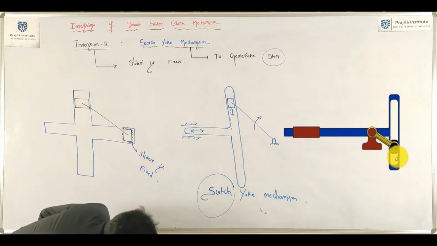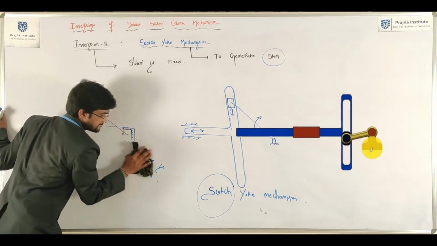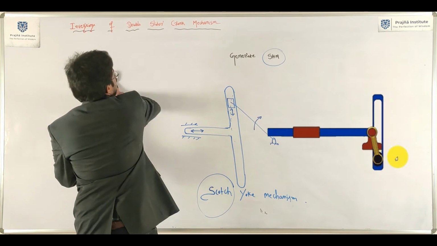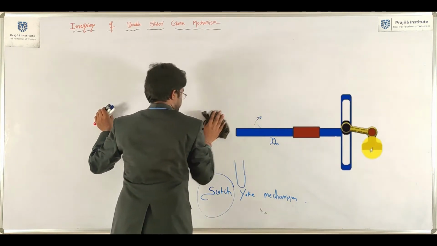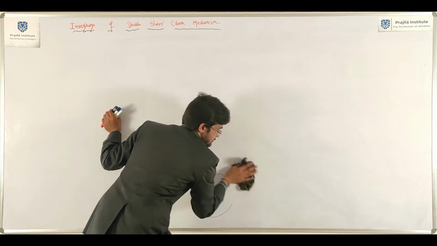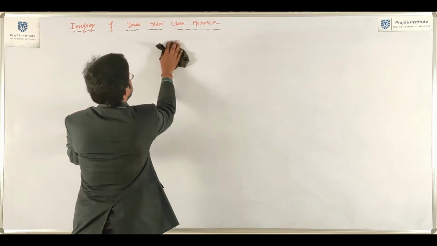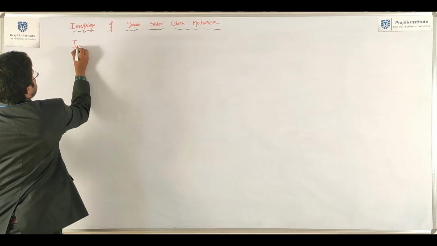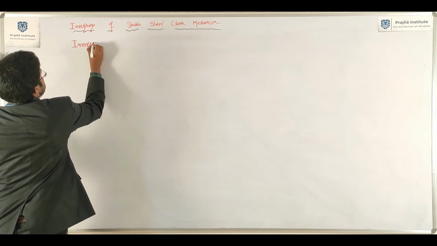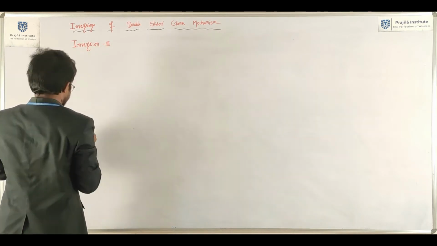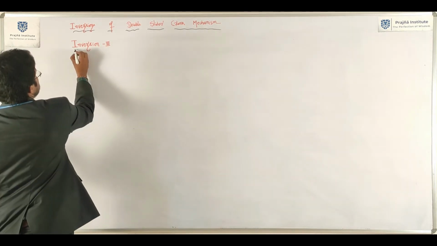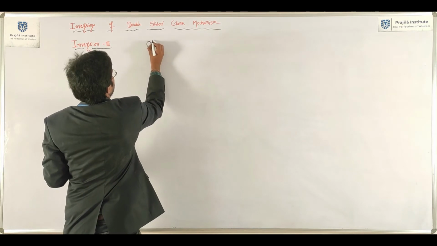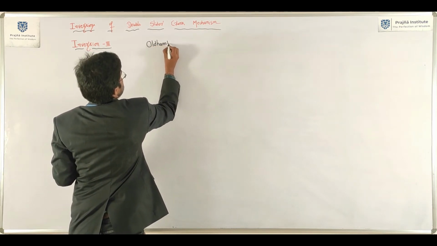Next, put heading inversion 3. Inversion 3 is Oldham's coupling.